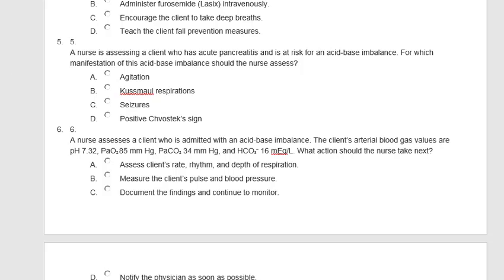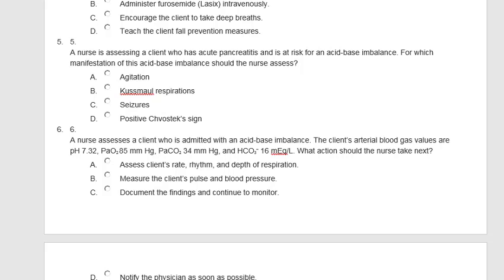But one thing that the pancreas do is they put bicarb into the intestines to counteract the stomach acid that comes in from the stomach into the intestines. So if the pancreas aren't able to work because they're inflamed and clogged from pancreatitis, then that bicarb doesn't get put out. And if the bicarb doesn't get put out, then the pH is going to drop. Okay, and you're going to get a metabolic acidosis situation.